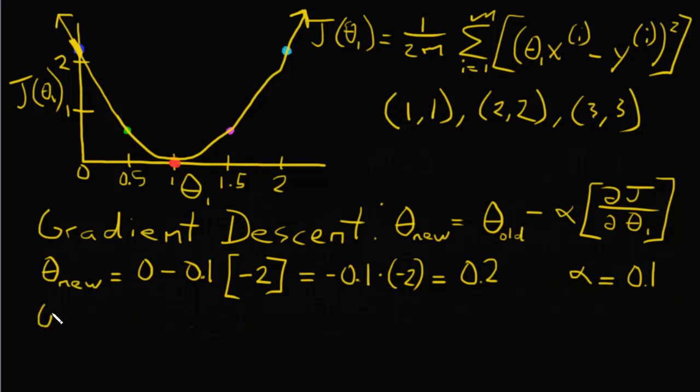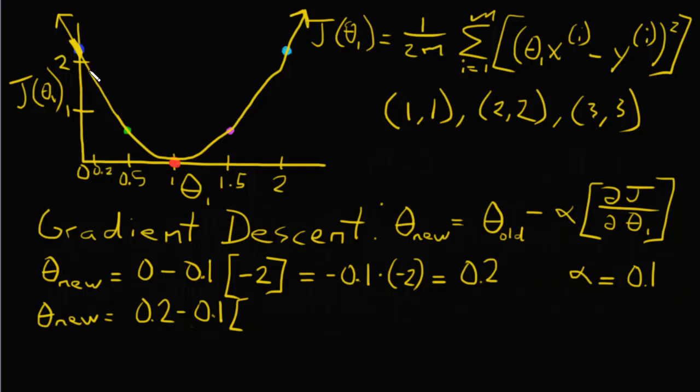So now I run through the algorithm again. I have theta new equals theta old, which in this case we just found was 0.2, minus 0.1 multiplied by the slope at around 0.2. Theta 1 is 0.2, maybe it's around there.